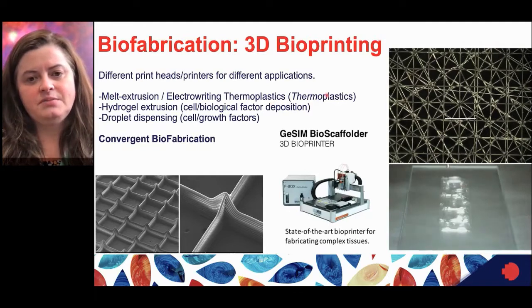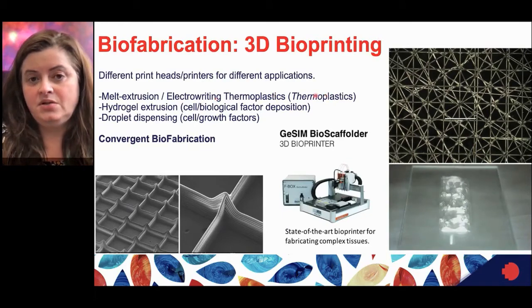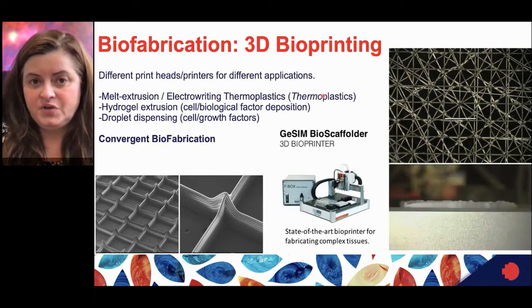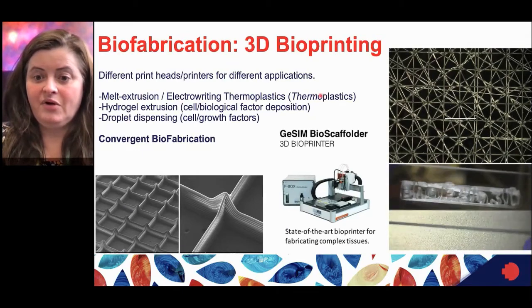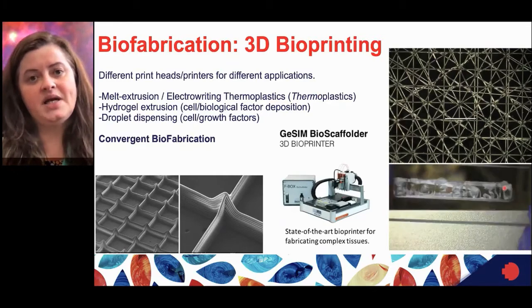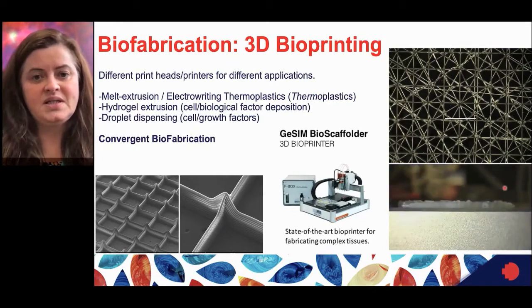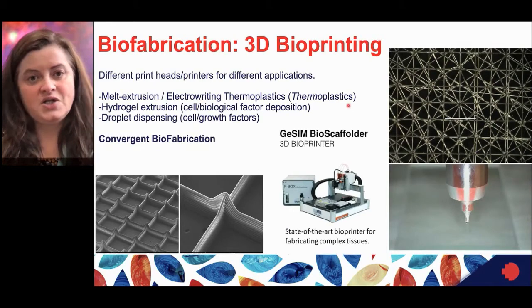Now, as you can imagine, this isn't necessarily very good for cells because some of the temperatures used here are well above 100 degrees, which cells are not going to survive very well. So you essentially have to print the scaffold and then add cells later if you want cells to be incorporated into that scaffold. However, there are other methods that we can use when we actually want to directly print cells.